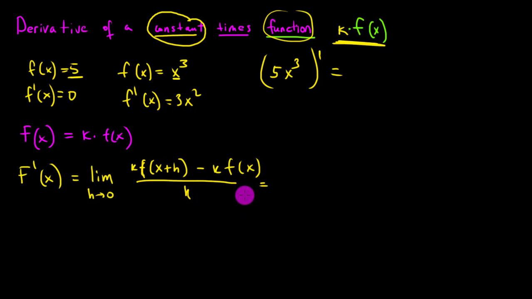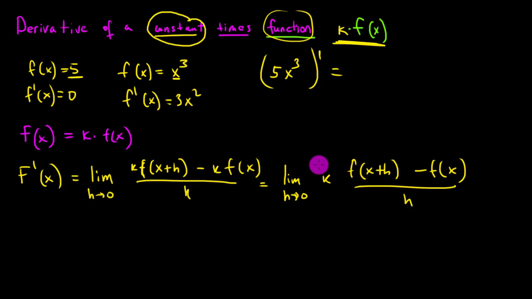Then you can take the k out of the brackets, so the limit as h approaches 0 of k times f(x plus h) minus f(x), divided by h.